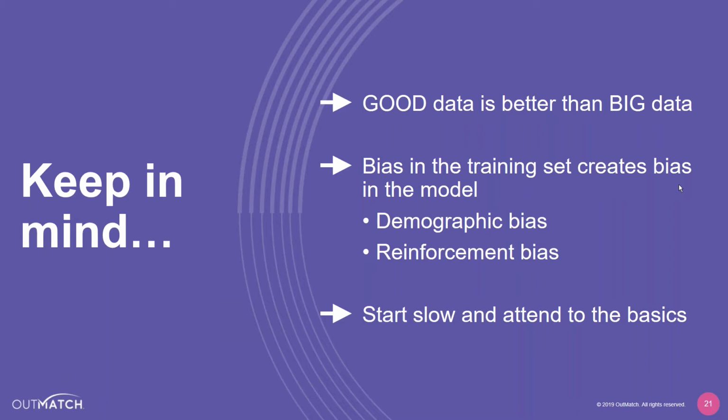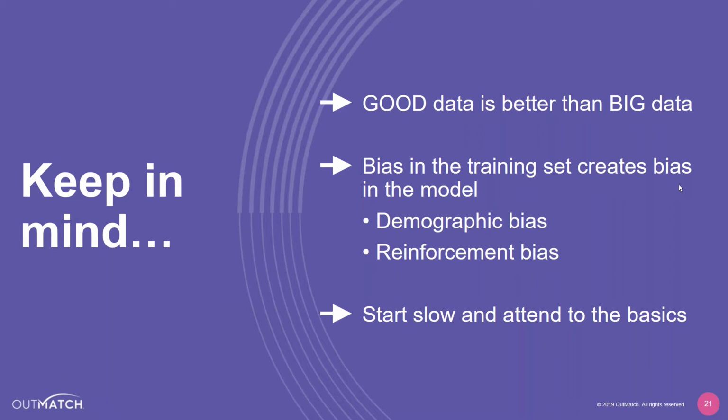For example, if a job description has words like aggressive and dominant, those two words are shown to be present in men's resumes multiple times more often than women's resumes. So if that's not being accounted for, men's resumes will be ranked higher than women's resumes with that bias baked in. And it's a very unfair practice to follow.